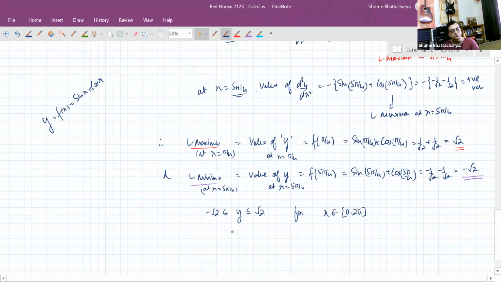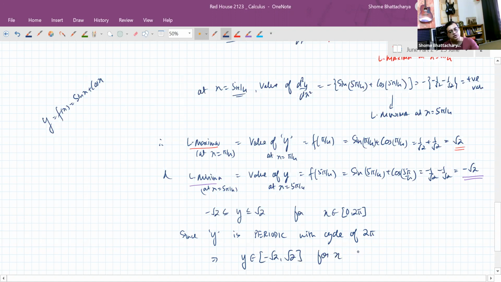Okay. Now, since y is periodic with a cycle of 2 pi, y's overall range is also this for x belonging to all real numbers. This now becomes our range.